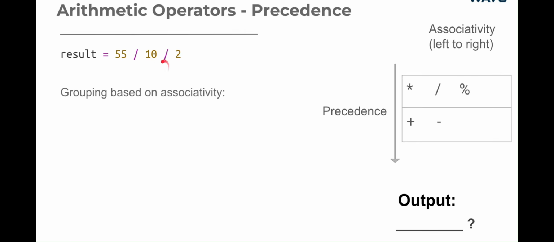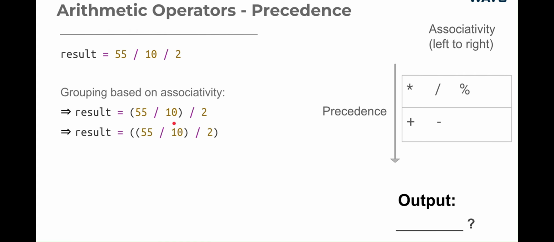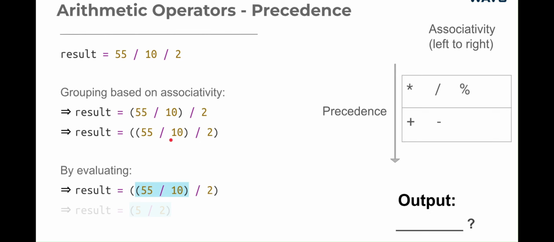First of all, we should group it based on associativity. Associativity means left to right, so the first operation is division, so first of all we should combine these, and the output will be second. We should group this.